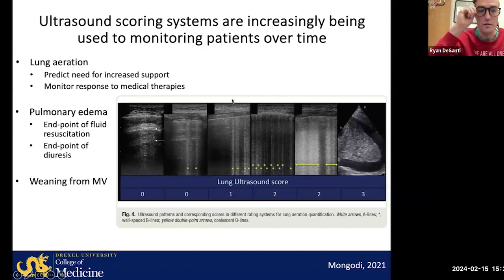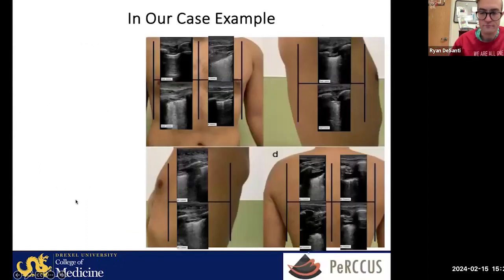And this score has been used to monitor lung aeration, used to predict the need for increasing respiratory support, monitor response to medical therapies, has also been used to assess pulmonary edema as an endpoint of fluid resuscitation and an endpoint of diuresis, as well as assist in weaning from mechanical ventilation.